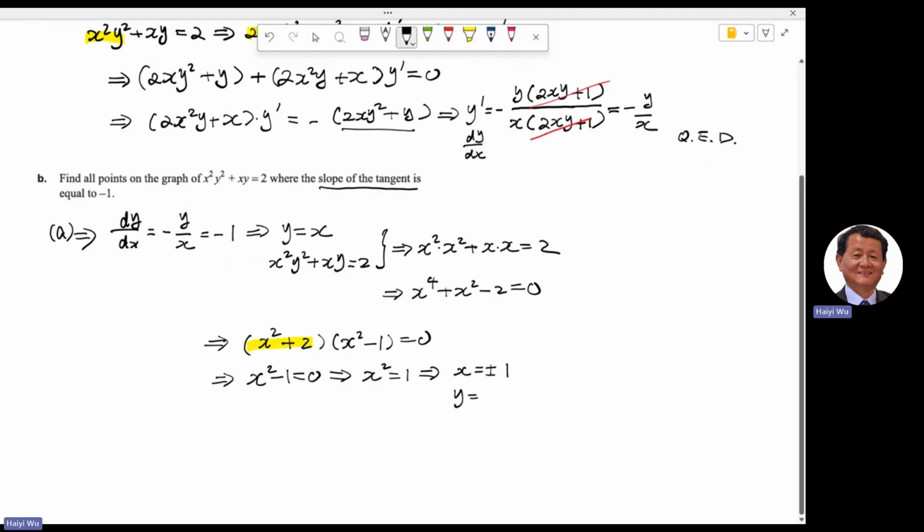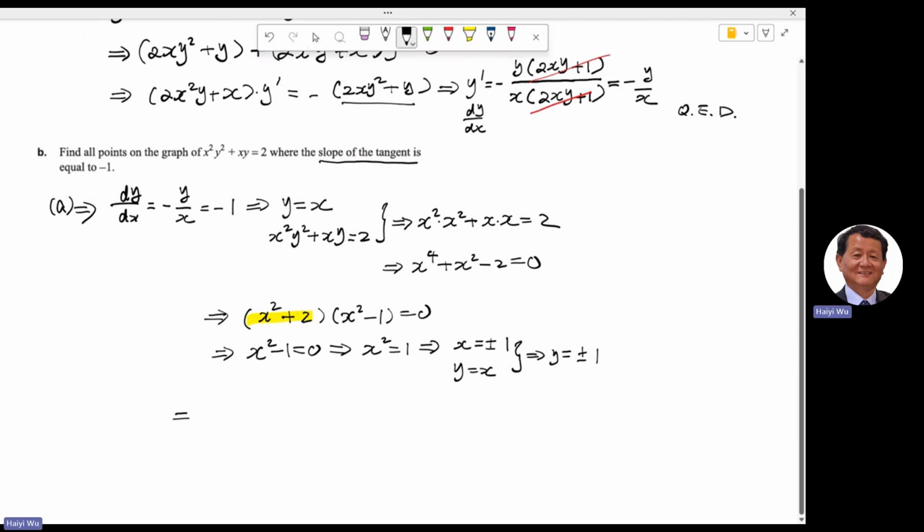So you get two points: the first point of the tangent is (1, 1), and the other one is (negative 1, negative 1). Both are correct. So we solved question B.